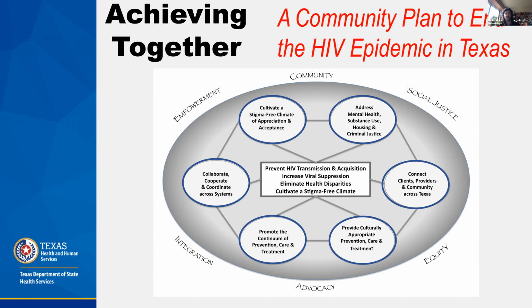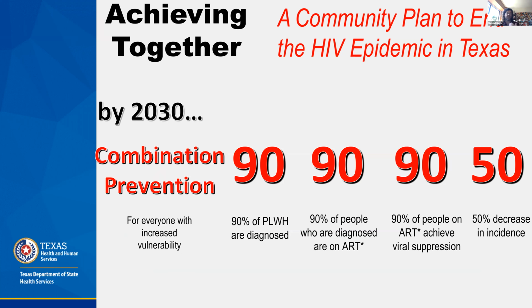So by 2030, we have a combination prevention where everyone with increased vulnerability has access to the different interventions that will be suitable for them, whether it's condoms or PrEP or PEP or anything that is really meant to address the issues that predispose people for HIV, and also early identification of people living with HIV. 90% of people living with HIV are diagnosed. 90% of people who are diagnosed are on ART. 90% of people who are on ART achieve viral suppression.